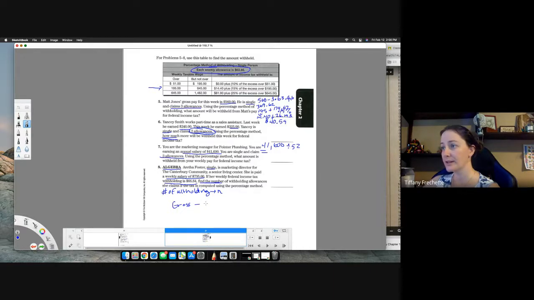So I'll go like this, number of, trying to shorthand this a little bit, times the 6346. Remember, that hasn't changed, 6346. So however many allowances she's claiming, she's still going to multiply that by 6346. So we know it's the gross amount minus the allowances. And then once we know this, we have to break it up into the two pieces of where does it fit into the chart here.